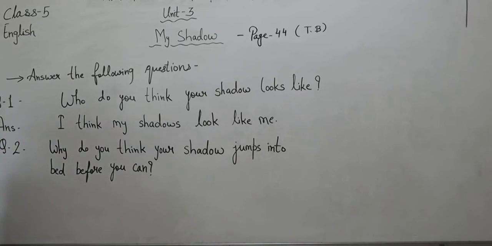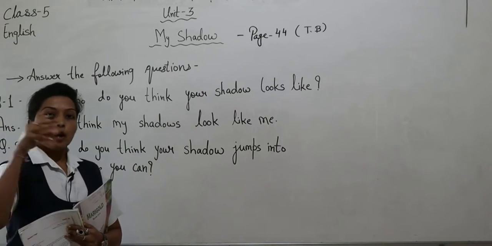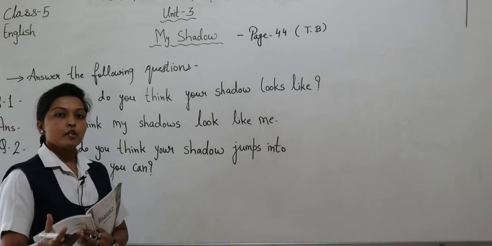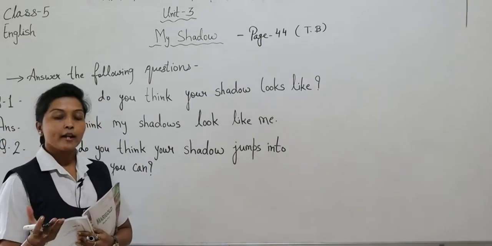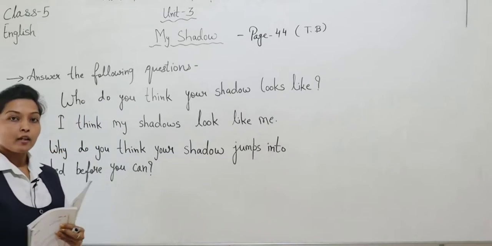So the question is, why do you think your shadow jumps into bed before you can? Means when you jump on a bed, before that your shadow has jumped. So why does your shadow jump on the bed first? Why do you think like this?